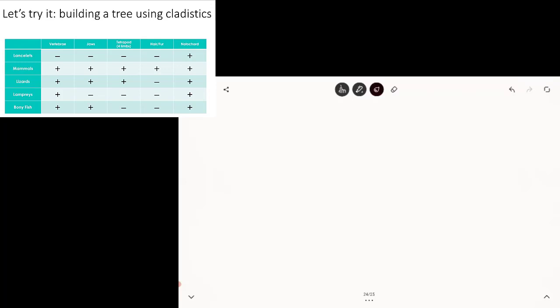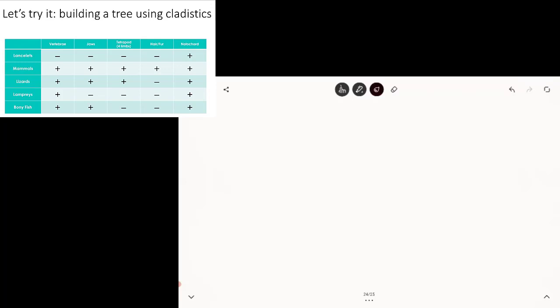we want to start with the group that has the least amount of shared characteristics compared to the other groups, because that will be our basal group, or sometimes you might hear it referenced as an outgroup. So if we look at the table here of the traits, vertebra, jaws, tetrapods, hair, fur, and notochord, they all have notochord, okay?